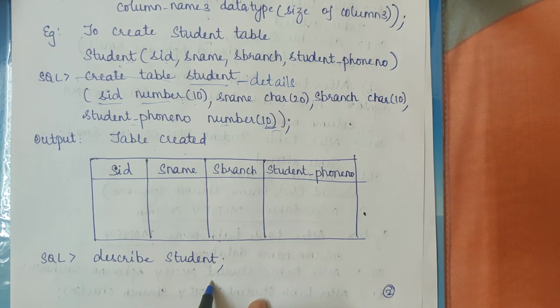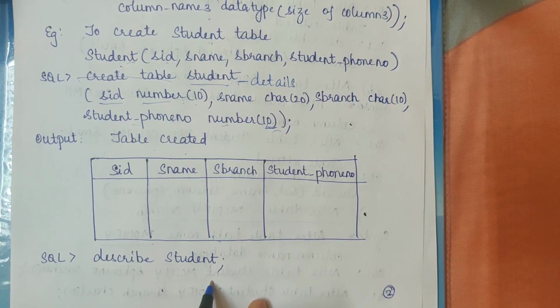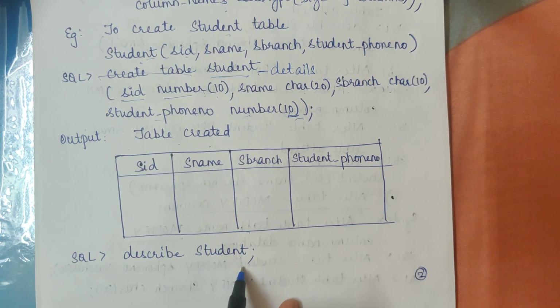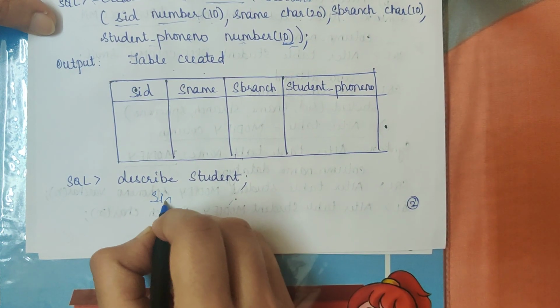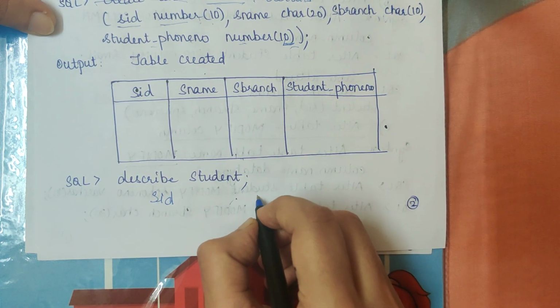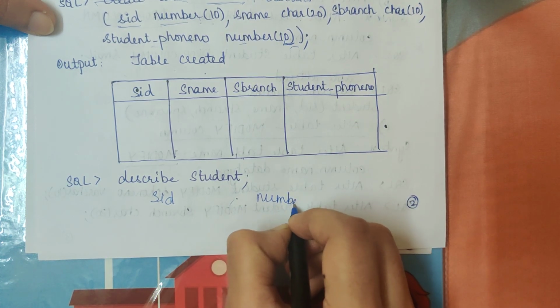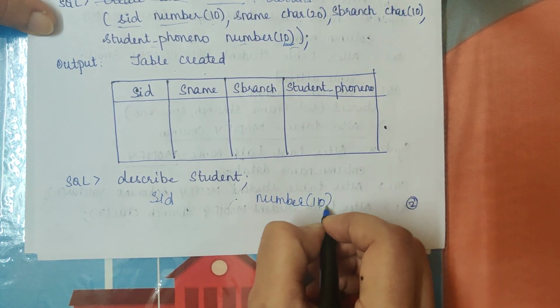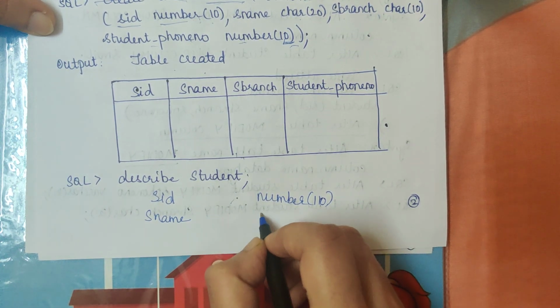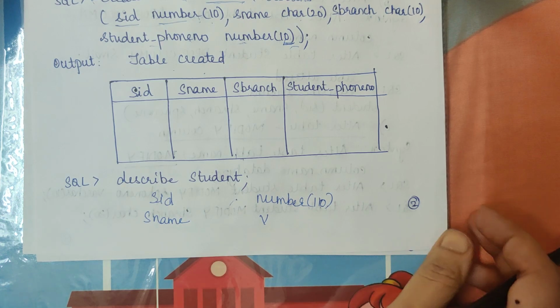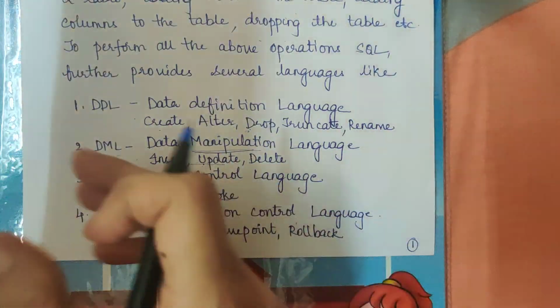Once we execute this command in SQL, we will get the result in this way: student ID and the data type which we have taken, like number, and the size. In the same way for the other columns also. So this is the output of the describe command.